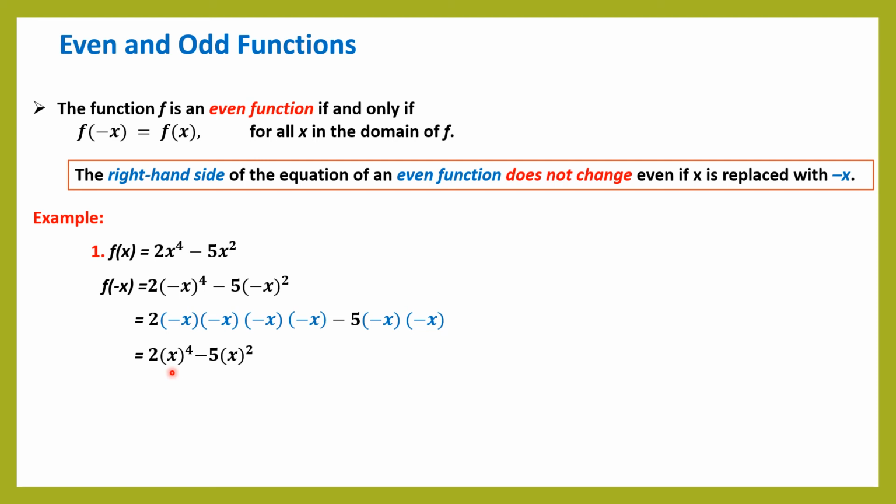So, meron tayong example mamaya. So, let us simplify this one. We will have here 2x raised to the fourth power minus 5x squared. Then, i-compare natin tong result from the original function. So, dito. Kapag magkapareho sila at hindi nagbago ang result at original function, therefore, this is even function.